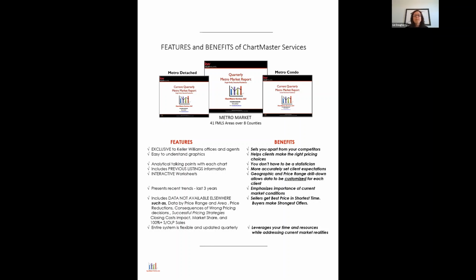Just in case anyone is confused about why that's important, you get a new number in FMLS when it is put back on the market. If a listing has failed to sell, and it either expires or is withdrawn, and it goes back on the market, it gets a new number. So the stats you see on FMLS don't take into account that first listing period.